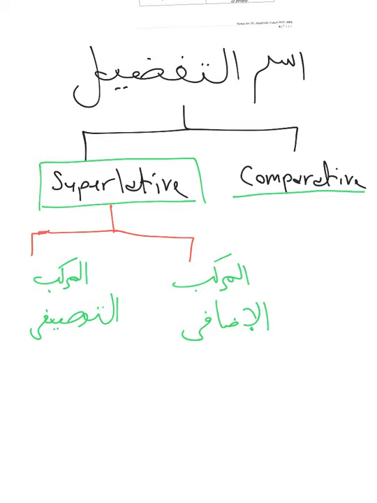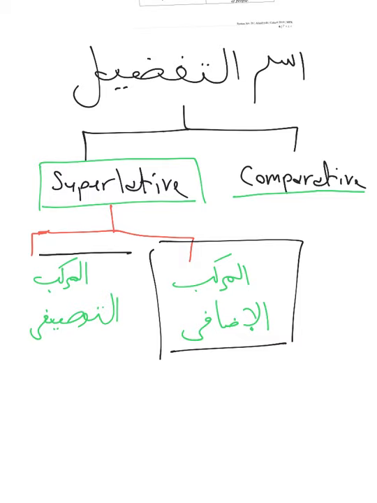But before that, when the ismu tafdil is used in the superlative form, it will either be used as al-murakkabul idafi, i.e. mudaf mudaf ilayh, possessive compound, or it will be used as al-murakkabut tawsifi, i.e. an adjectival compound, mawsuf sifa.